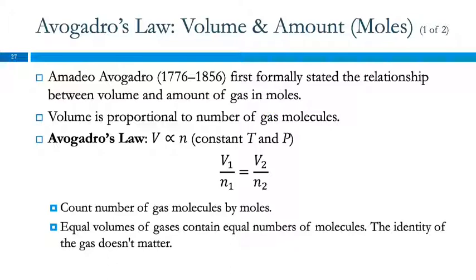Avogadro's law says that volume is proportional to amount of gas in moles, assuming constant temperature and pressure. And so that can be described this way, V1 over N1 equals V2 over N2. We're counting gas molecules using moles.